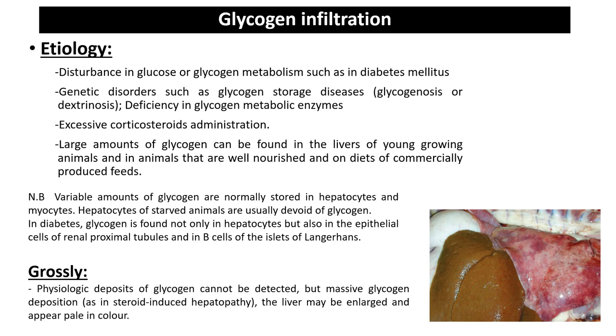So the etiology would be a disturbance in glucose or glycogen metabolism, and this is most common in diabetes or genetic disorder, glycogen storage disease, sometimes named glycogenosis or dextrinosis, in which there is a deficiency in glycogen metabolic enzyme, the enzyme that breaks glycogen down to be used for energy.